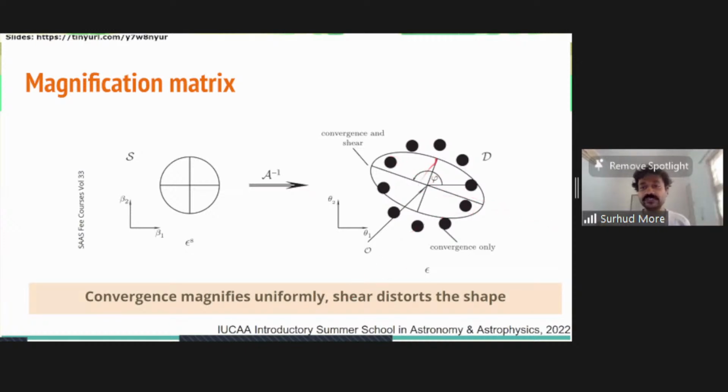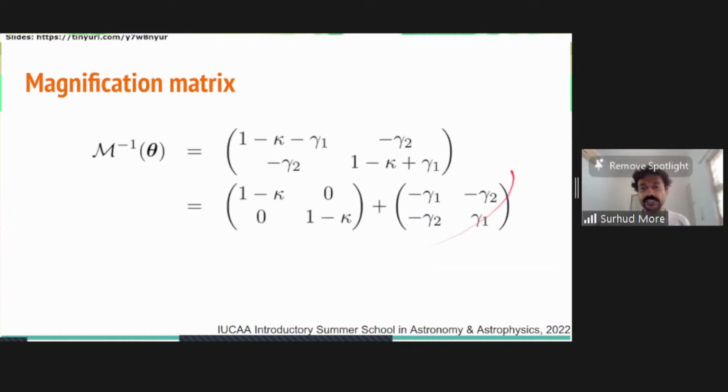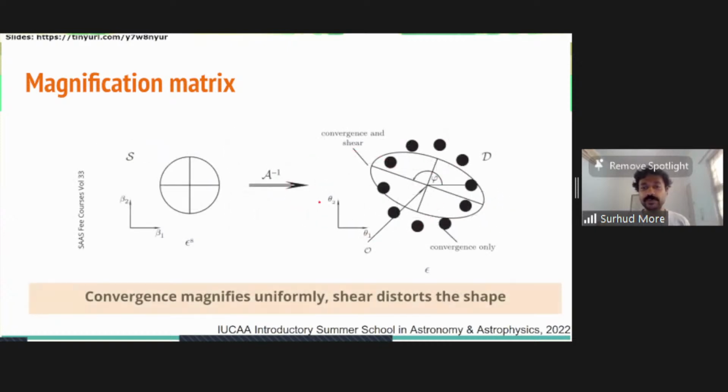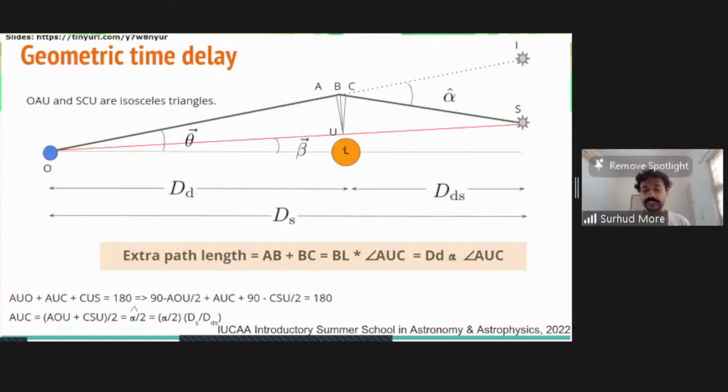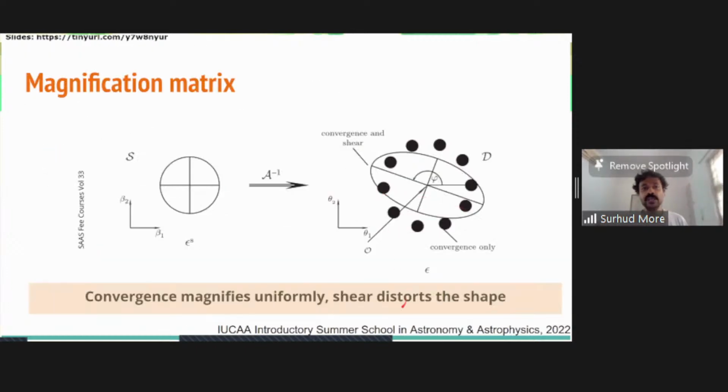Now, the direction of this shearing is related to the values of gamma 1 and gamma 2. And if you know the values of gamma 1 and gamma 2, you can tell exactly in which direction it will get sheared. Okay? So what is happening is you can now consider lensing. What lensing is doing is taking objects.